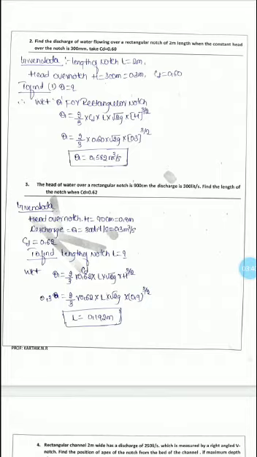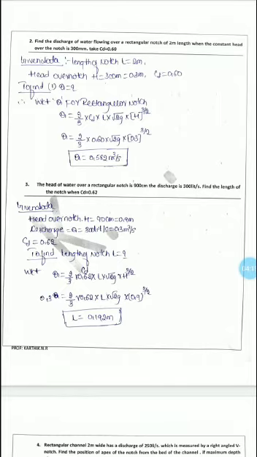We need to find the discharge. The discharge for a rectangular notch is Q equal to 2/3 CD L root 2g H raised to 3/2. Since all the values are known, on substitution, we get Q equal to 0.582 meter cube per second.